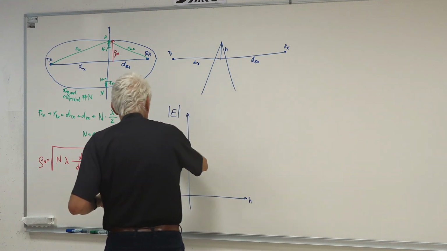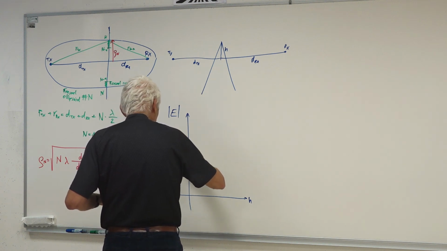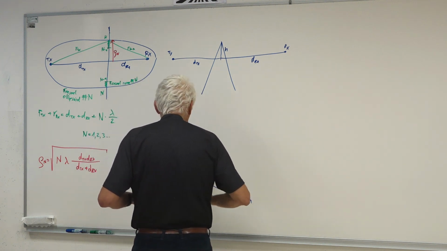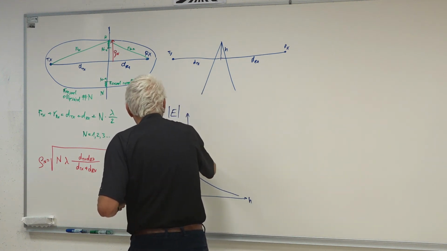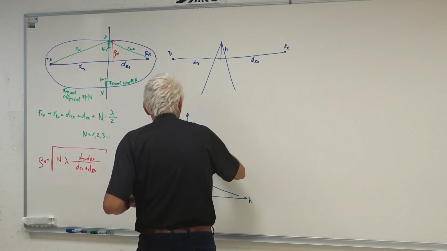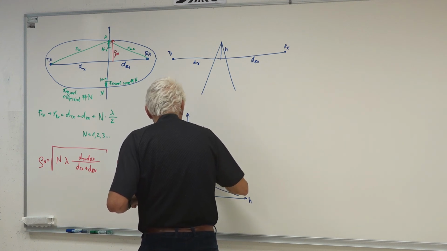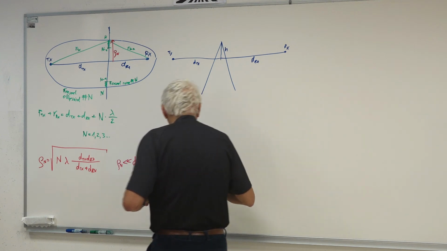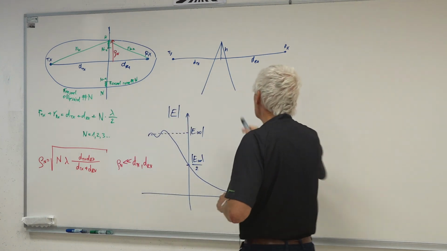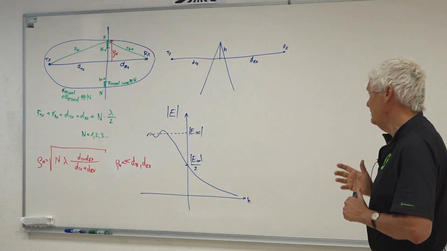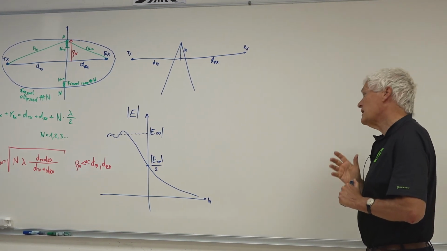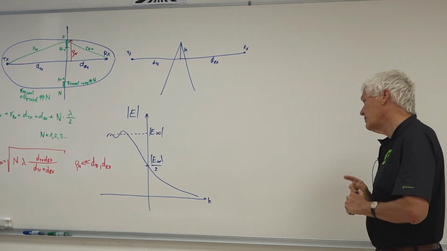The electric field was something like that, where this line here was E infinity. This was half of E infinity. When the obstacle just touches the direct connection between receiver and transmitter, we lose exactly half of the Huygens sources, we lose half of the field, 1/4 of the power.